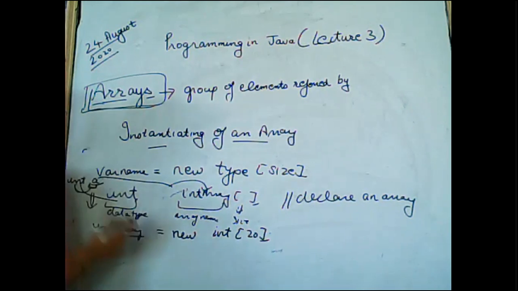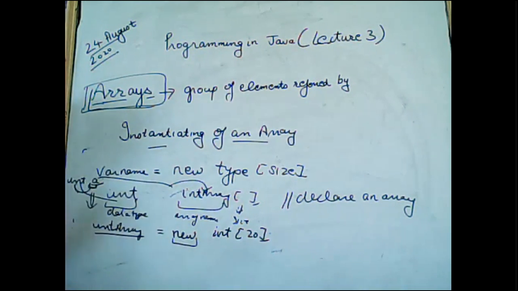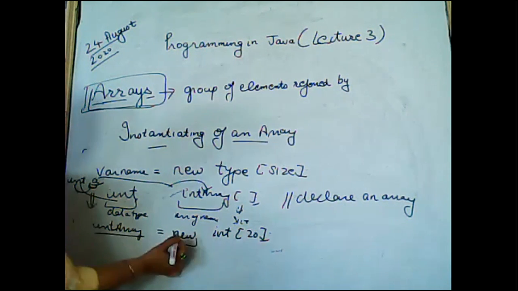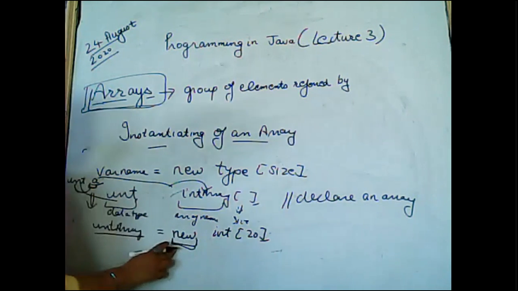When we use new, and when we talk about instantiating, it means we require the instance of that particular array. So in order to use that value, we need to allocate some memory for it. That allocation is done by using new.